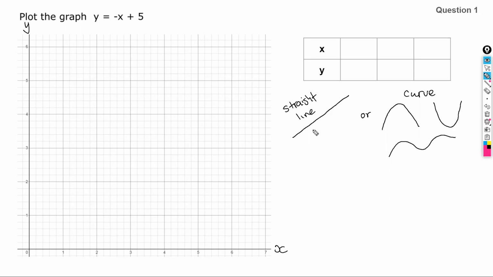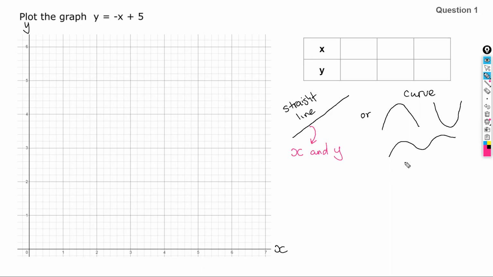Of course, it has little exceptions to the rule, but the general rule of thumb is this. If your equation only has simple things like X and Y in it, when you are about to draw it, you will get a straight line.